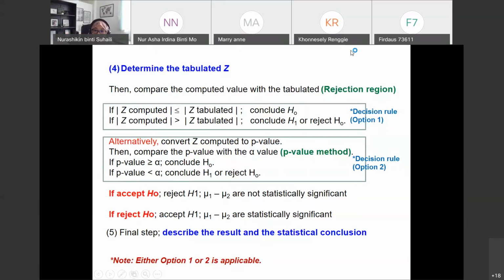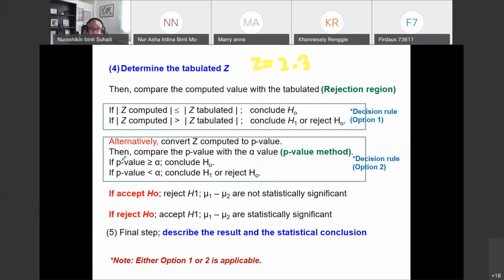So the Z value that you calculated in the third step, not the table Z value, let's say Z is 2.3, for example. This is Z calculated.